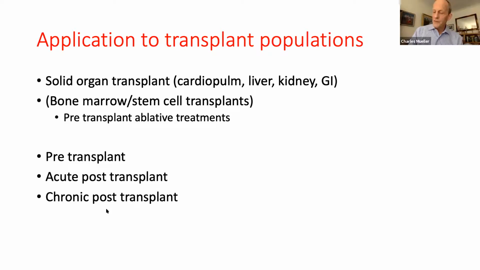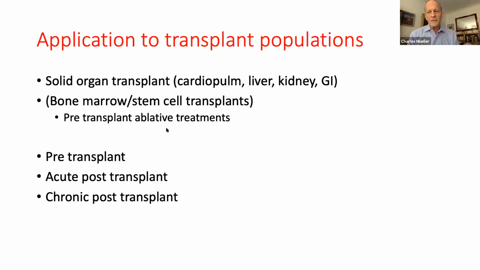Now I've reached the end. So how does somebody who knows nothing about transplants apply this to a transplant population? Well, bone marrow and stem cell, I think, is a special group because the pre-transplant ablative treatments are harrowing, or not so harrowing, the non-ablative treatments versus the ablative.